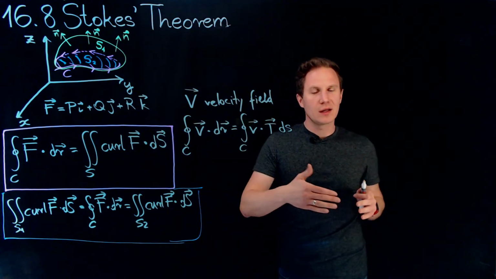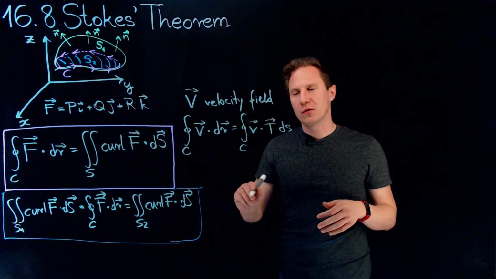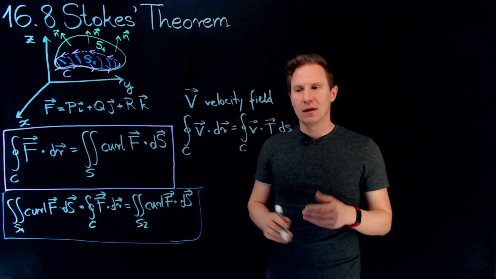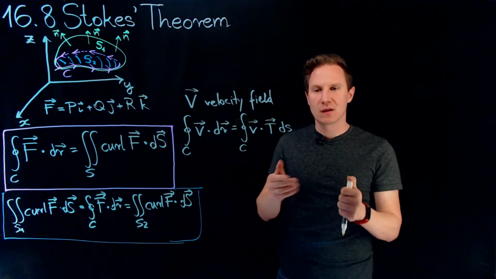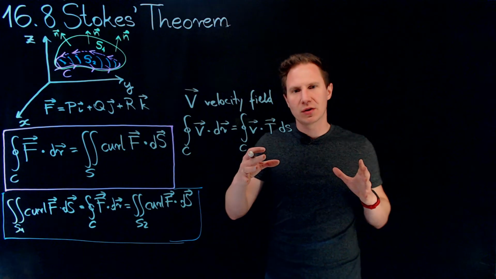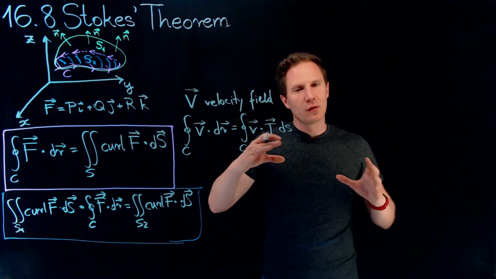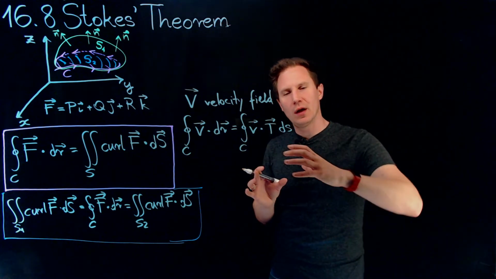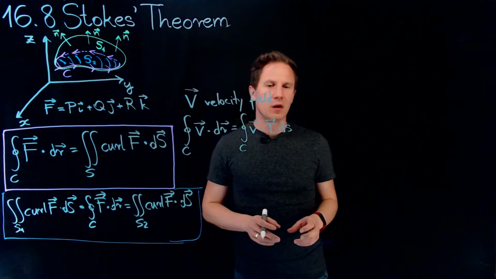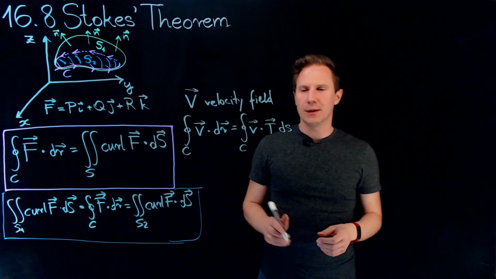Because the orientation of C will affect our unit tangent vector, and this line integral will give us a sort of measure of how much the vector field is flowing and trying to rotate that curve around as it flows.